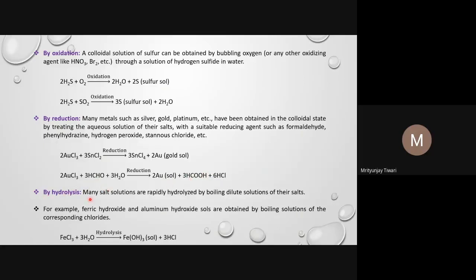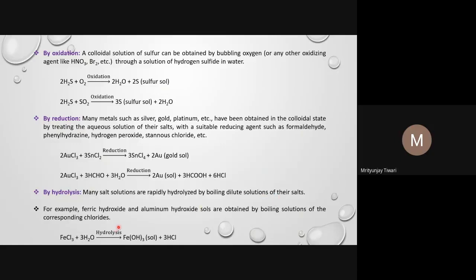Now by hydrolysis also some kinds of colloids are formed, and these are all under the condensation methods. As you can see, the smaller particles, atoms or maybe molecules, are formed, and they aggregate to form colloidal size particles. Many salt solutions are rapidly hydrolyzed by boiling dilute solutions of their salts.